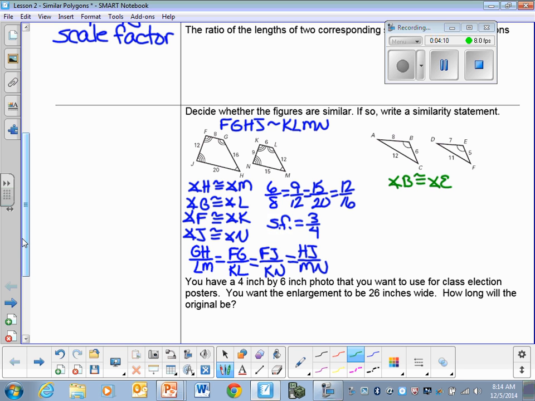So at this point, not similar. Might be that later, when we learn some similarity theorems, we can prove those triangles similar. But at this point, the fact that we don't have all of our corresponding angles marked as congruent means we're stuck.